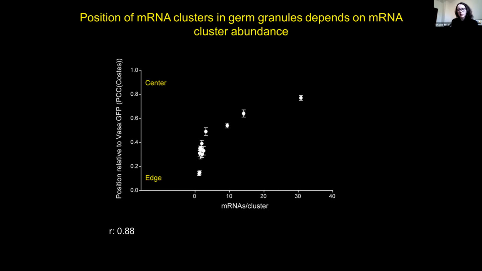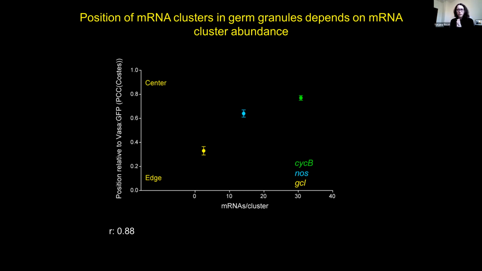And those mRNAs that form less abundant clusters will reside at the edge. For example, cyclin B mRNAs form clusters that on average contain 30 cyclin B mRNAs, and reside in the center. GCL clusters on average contain 2.8 GCL mRNAs and reside at the edge, and nanos somewhere in between.